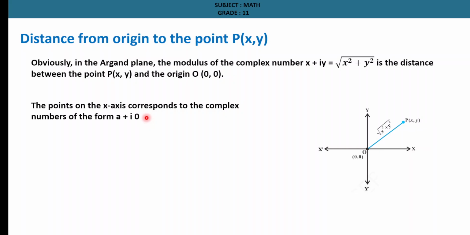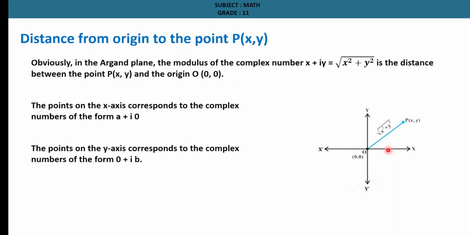The point on the x-axis corresponds to complex numbers in the form a plus i0. On the x-axis, wherever we take any point, there will not be any imaginary values, so the point will be a plus i0. Similarly, the point on the y-axis corresponds to complex numbers in the form 0 plus ib, because there are no real values here.